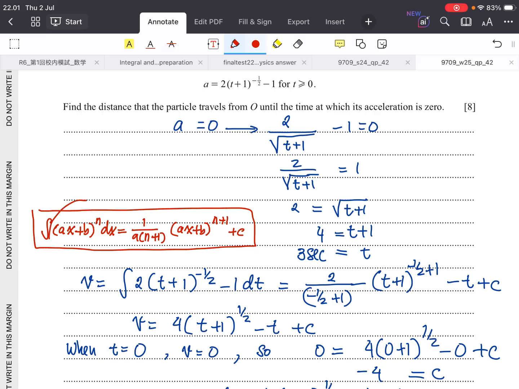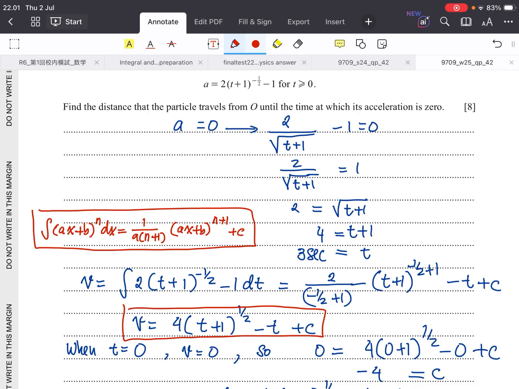Using this formula for this part, the integration will be like this. And then the integration of 1 is t. Don't forget to add the constant c. So the expression for v is this one.